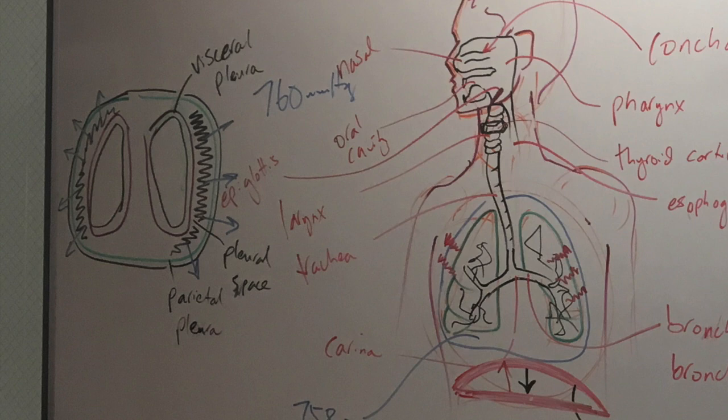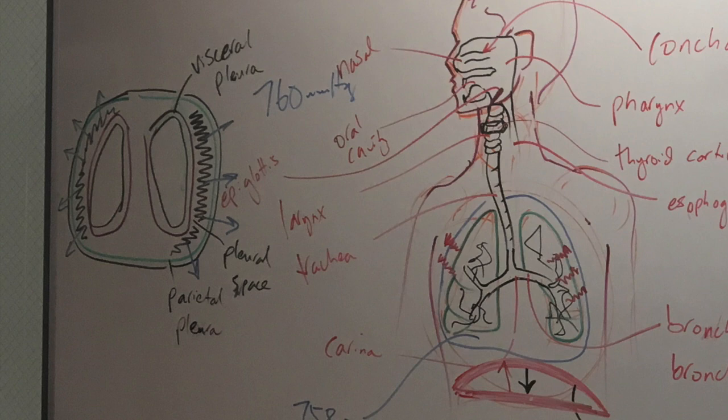The thoracic cavity is lined with a sheet of connective tissue. That sheet of connective tissue is called the parietal pleura. Now, if you're going to draw the lungs, they are right here. I should use a different color. We'll draw this guy in purple.